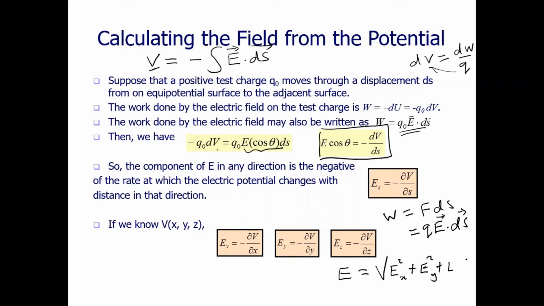Okay, so in short, if you know the electric field, you can find the electric potential by using this equation. But if you know the electric potential, you can find the electric field by using any of these three equations or a combination of them. Stop me if you have a question.